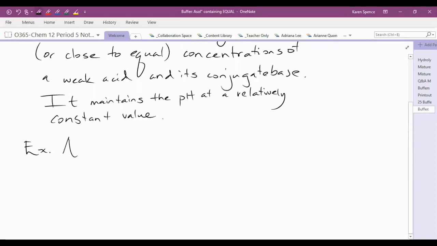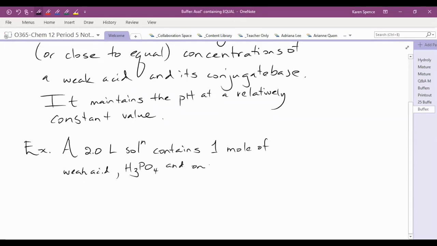A 2-liter solution contains 1 mole of weak acid, H3PO4, and 1 mole of the salt, NaH2PO4. Write an equation that represents this equilibrium.